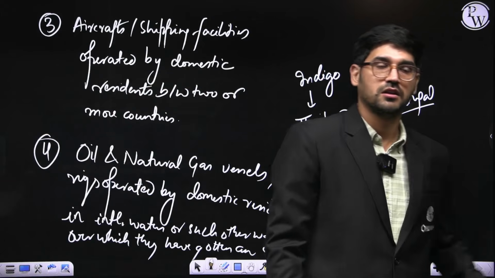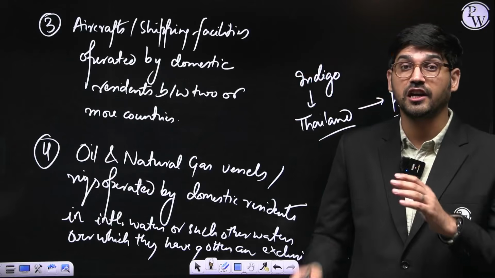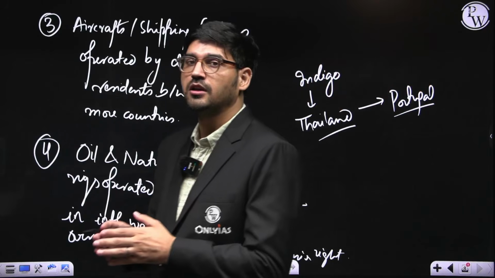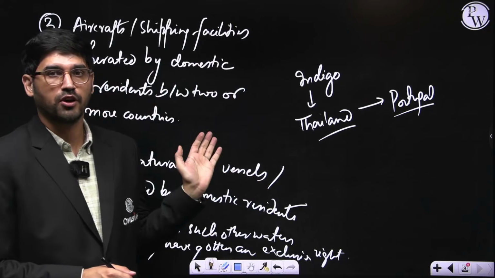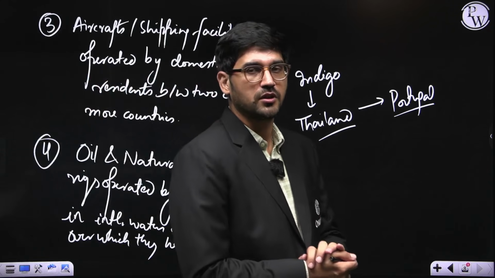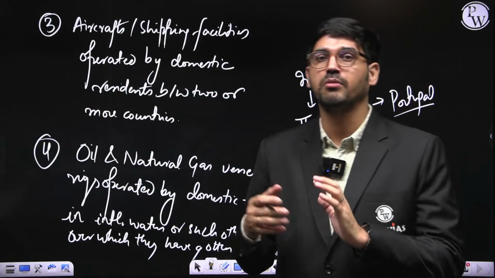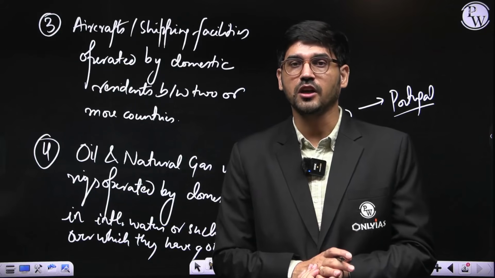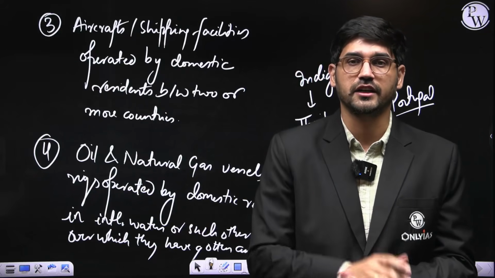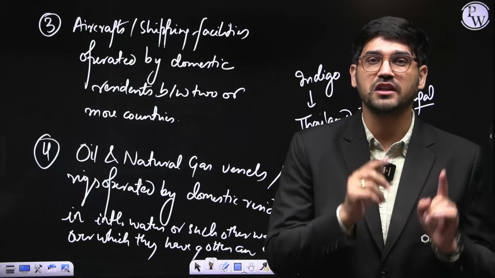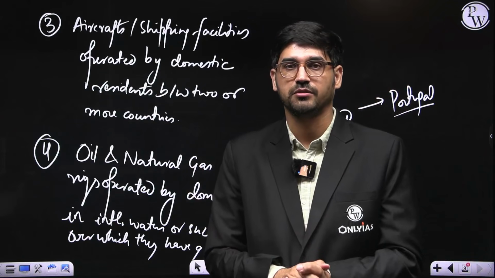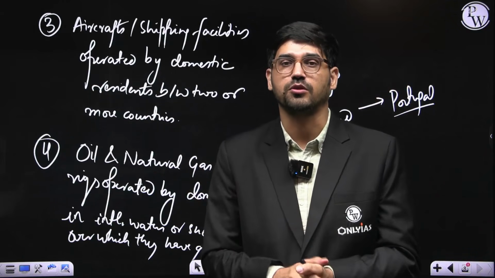Which means, consider this, if Reliance gets a contract to, let's say, extract crude oil from Venezuelan waters, since Reliance is a domestic company, because it has acquired an exclusive right to extract crude oil from another country, it will still count towards India's GDP. And the reverse is also true.